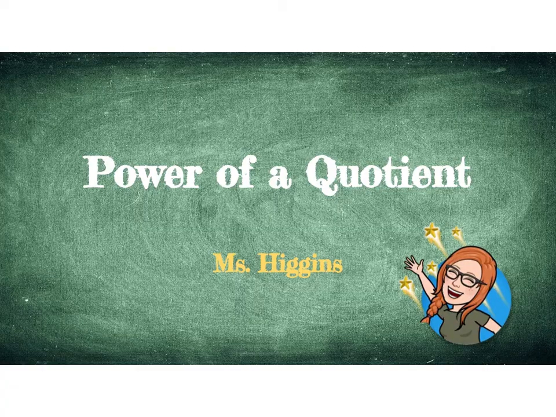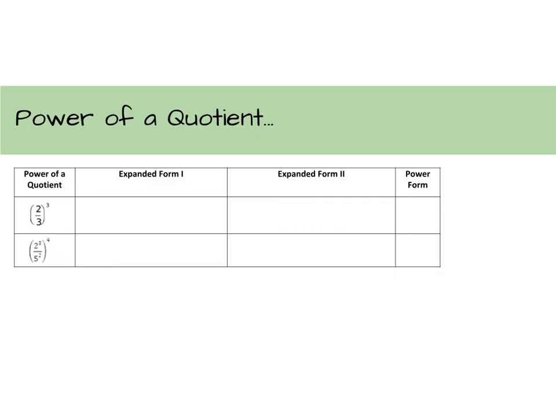Now we're going to review power of a quotient. Let's have a look at a couple of examples to help develop our rule. When we have power of a quotient, it'll look like our examples do over here. The first thing we'll do is write it out in expanded form 1. So here we have (2/3) cubed.